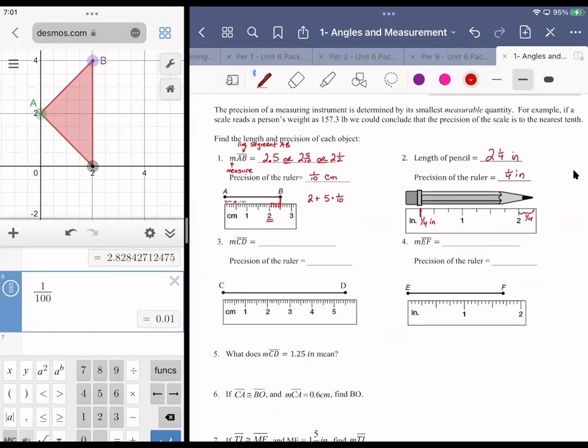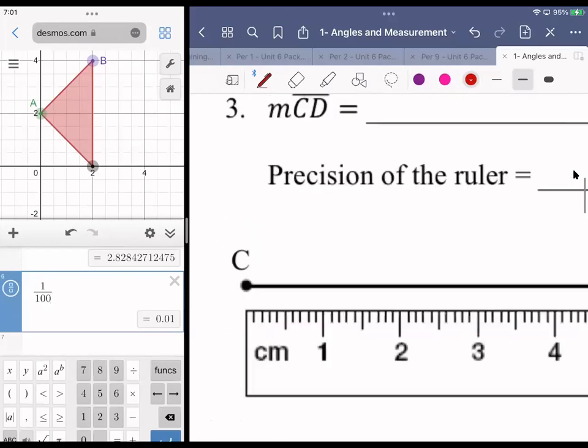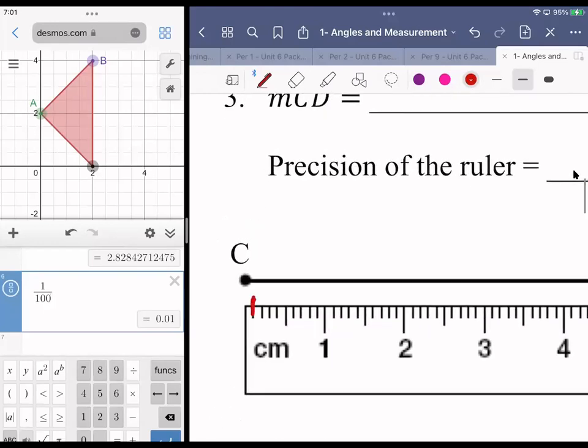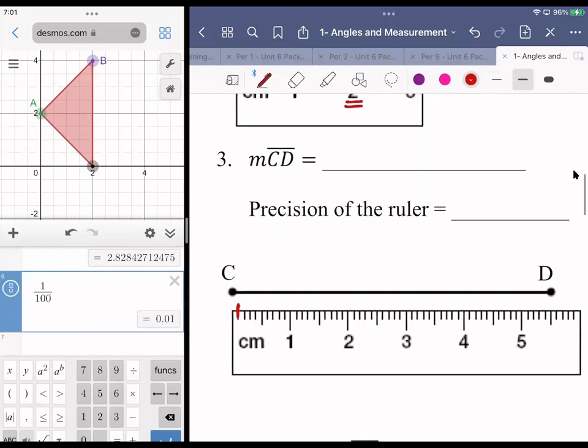So case in point, number 4 is consistent with number 2. Number 3 is pretty much the same idea as number 1. So again, 1/10 of a centimeter is the precision of this ruler.